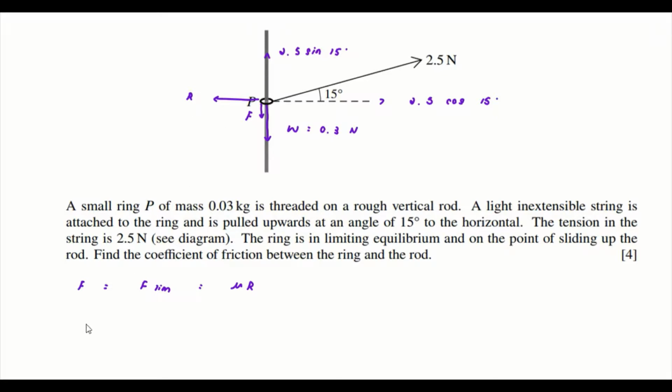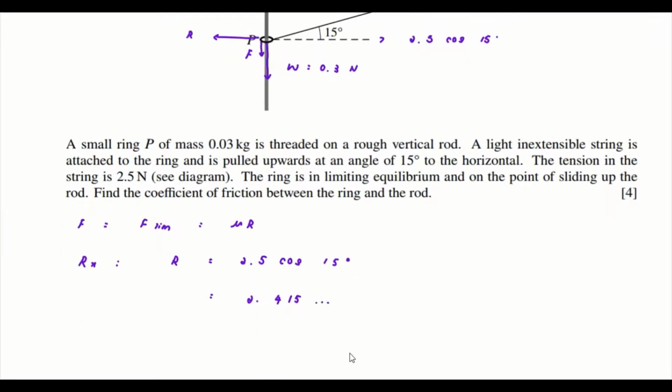Resolving in the horizontal component, what we have is the left hand side equal to the right hand side, which is 2.5 cos 15. From here, we can solve our normal reaction, which is 2.415. Remember to keep this value in your calculator, yeah?